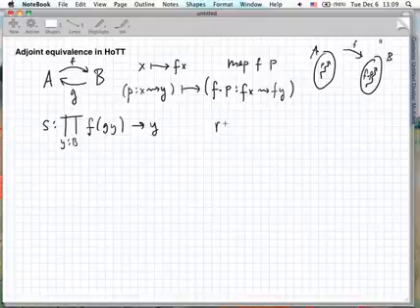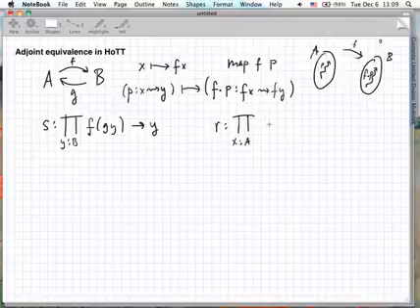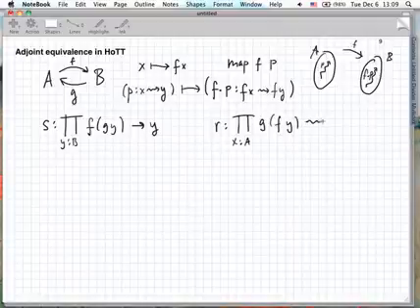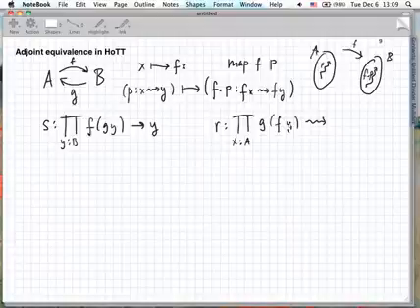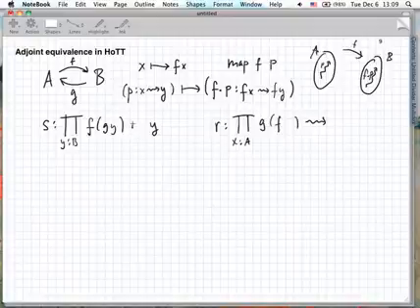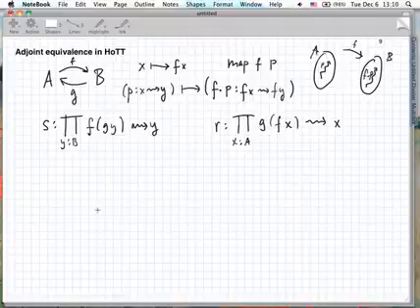And then I have an R, which for every x in A gives me a path from g f of x, this should be x here, and this one should be wiggly. So now we explicitly see what the S and the R are.